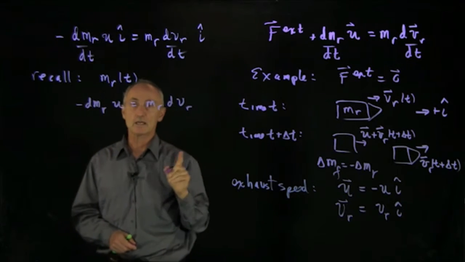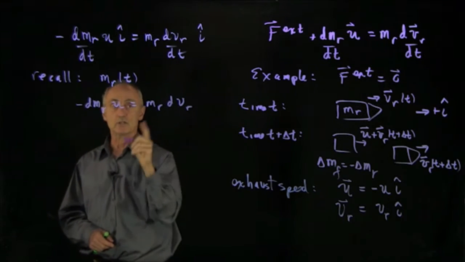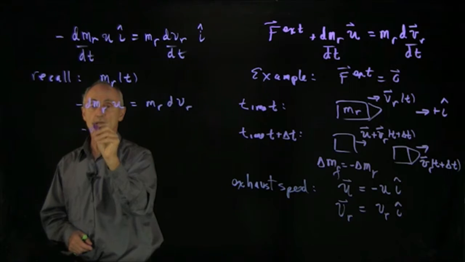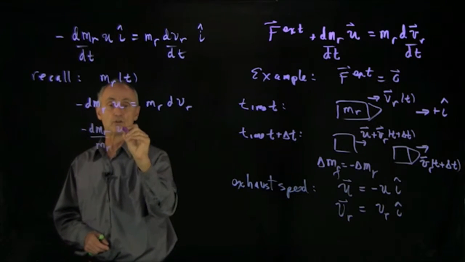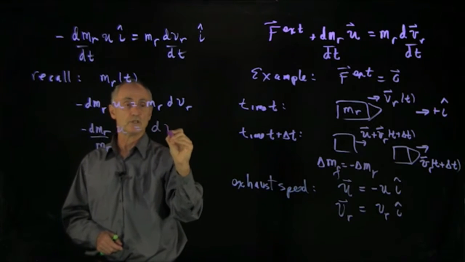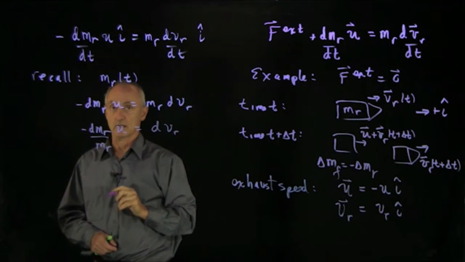Now this is separable, and I can integrate it, so I'll bring the terms minus dm_r over m_r on this side times u, and that's equal to dv_r on that side.